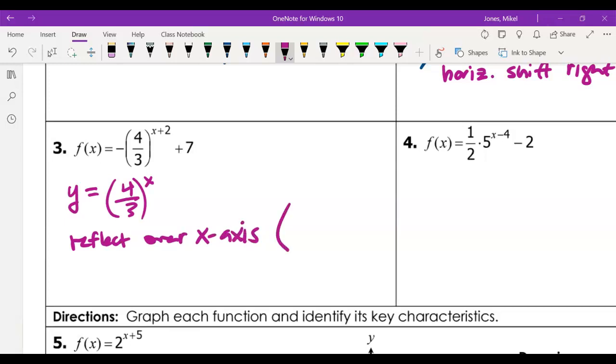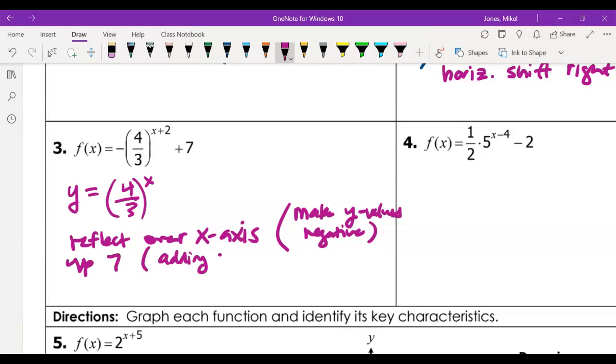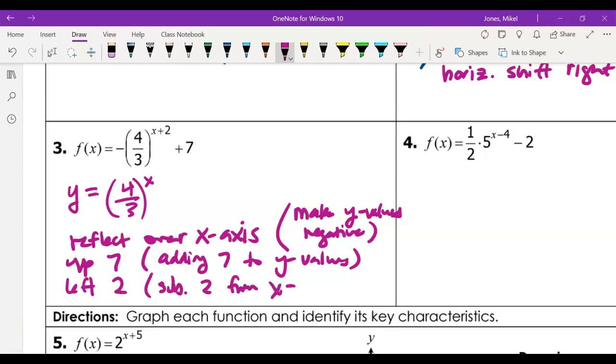Now, another way of saying this is that you make the y values negative, or you negate the y values, okay? So reflect over the x-axis, you'd be going up 7, which is like adding 7 to the y values. And then you'd be going to the left 2. So you'd be subtracting 2 from x values.